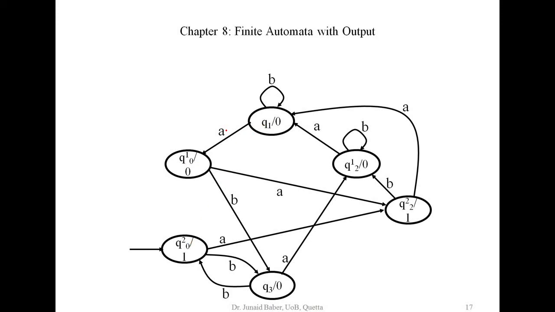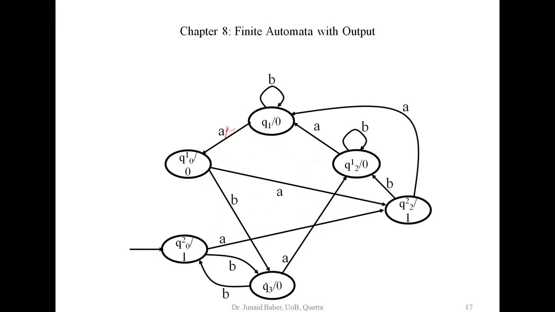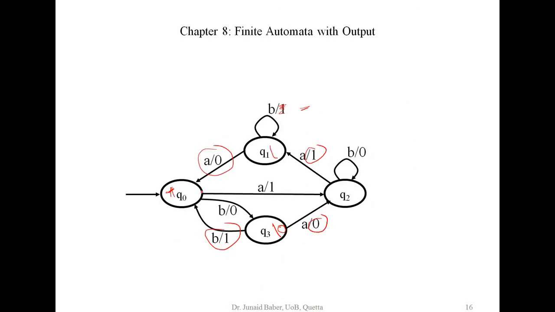Because this A was giving initially the output 0, so it should come to the state giving the output 0. And there was another edge B1. B was giving output 1, it was coming from Q3, so the Q3 state will point to the second part of the Q0. Then we have to balance the outgoing edges.